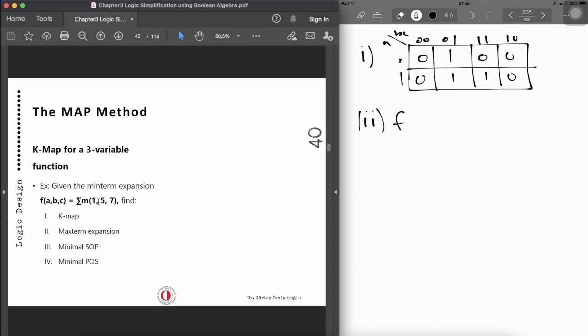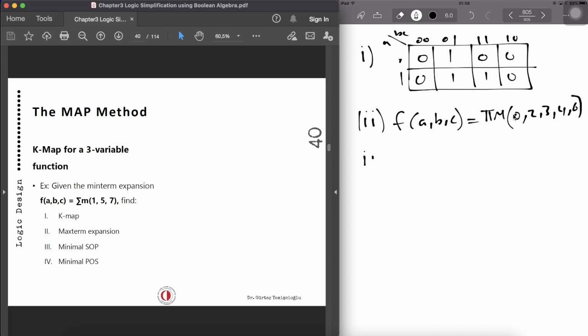So I can say f of a, b, c function, the product of the max terms, what is not included or what is not 1, it's going to be 0 and it has to be max term. So 0, 2, 3, 4, and 6. And those are our max terms.